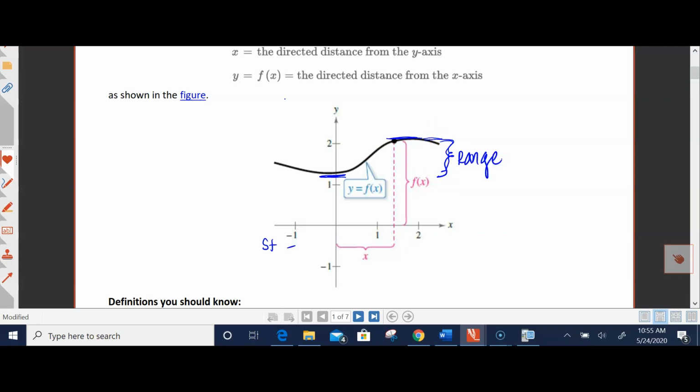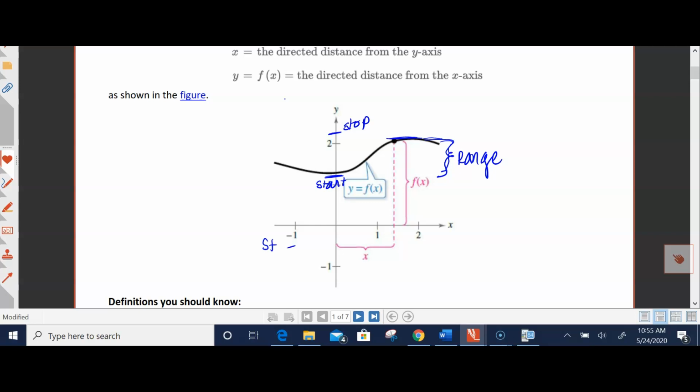And to find out what the range is, you go to the bottommost value, which would be right here. That's where the range would start. And then I would continue to the topmost value, and that's where my range would stop. So it would be an interval from starting to stopping point. So just a little information about a graph, about its domain and range values.